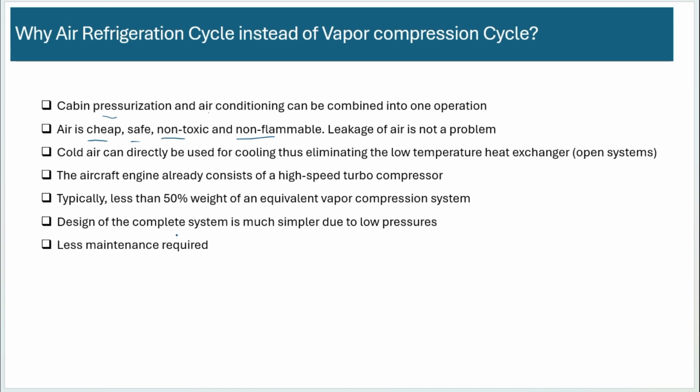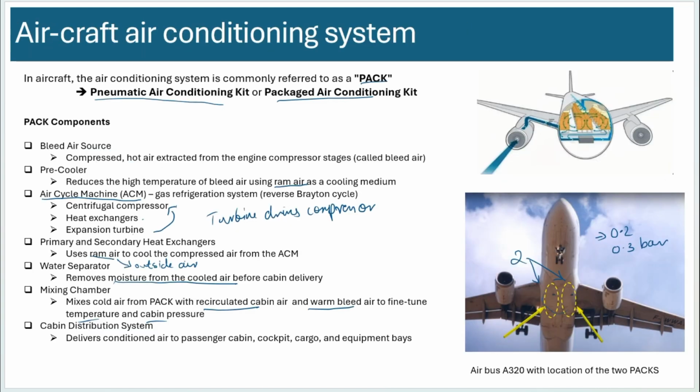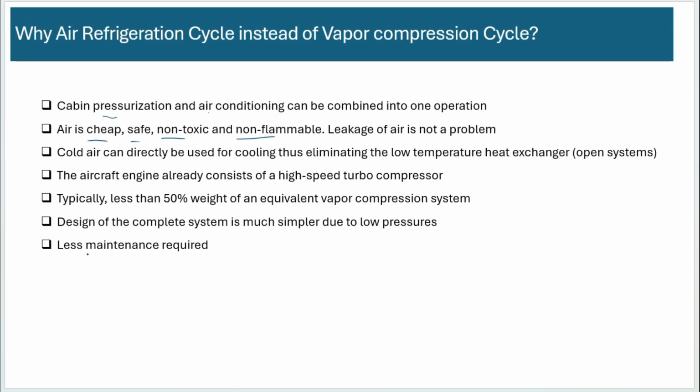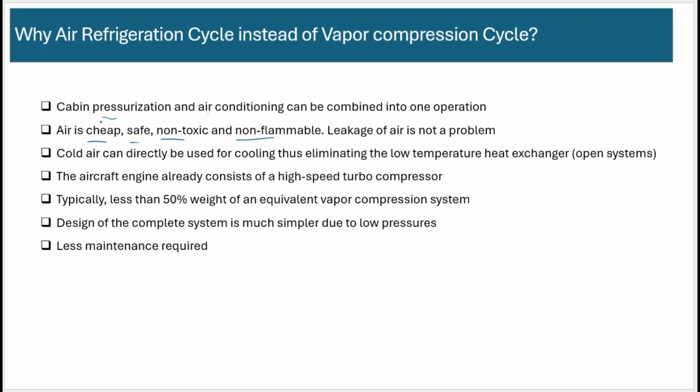Even though the pressures you saw here were almost 200 kilopascals or more, that's still not significantly high compared to what you will see in a vapor compression system. Again, the last portion is related to the simplicity of the system, that the maintenance required is also much less.